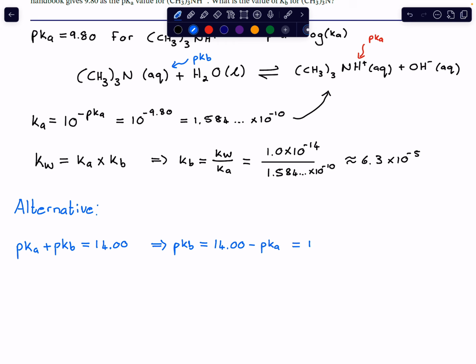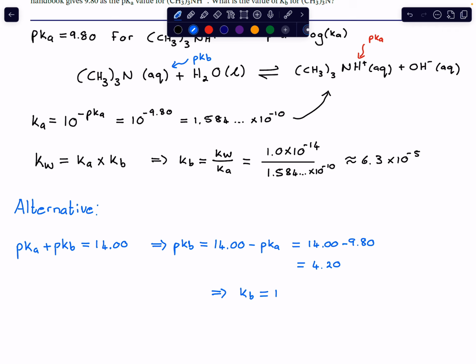We're given the pKa, so that's 14.00 minus 9.80, which is equal to 4.20.